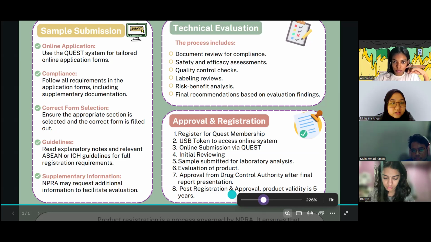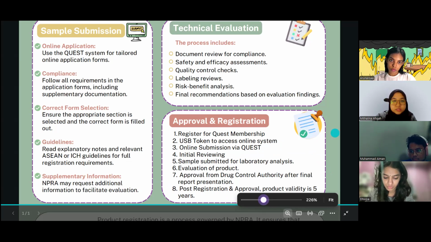And then for the supplementary information request, the MPRA may request additional information during the evaluation process to clarify any problems regarding the submitted product information. The applicants must respond to this request in order to maintain progress in the registration process.